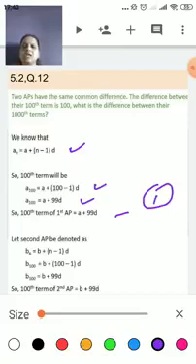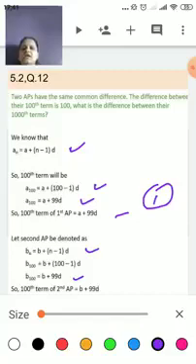Now similarly let us consider the second sequence. We can't use a again, so we will consider the first term as b and the nth term as bn. The same formula can be rewritten as bn equals b plus (n minus 1) into d. Now b100 equals b plus (100 minus 1), again 99d.